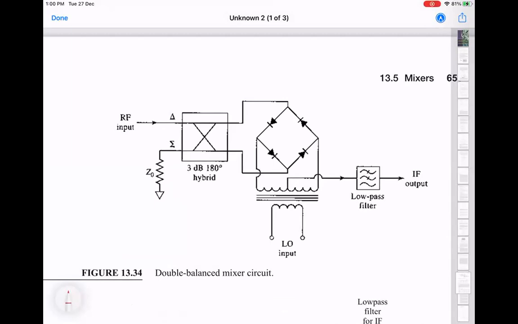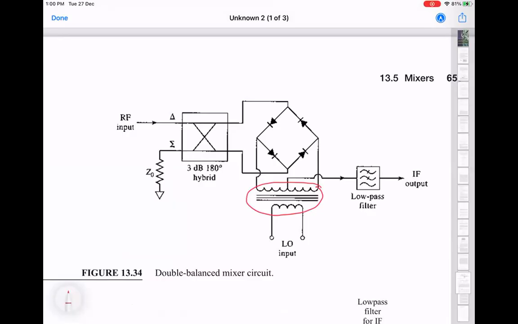So this is a double balanced mixer circuit, but this requires these kind of transformers to be designed, because the RF part is connected through this 3 dB 180-degree hybrid, but the LO and the IF are using this kind of a transformer to create excitation on the opposite side of this sort of 4-junction.